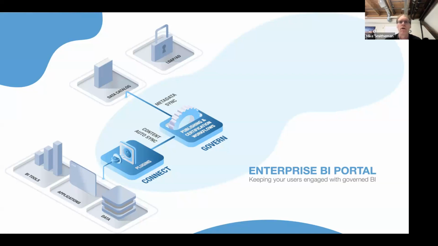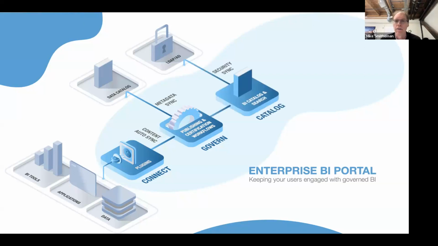We do that through what we call publishing workflows, which let someone pick and choose what content they want to put out there, attach the necessary metadata and categorization so that users can be literate around what it actually is, and then certify it and put it into a centralized catalog, if you like, that is synced up with permissions and security.